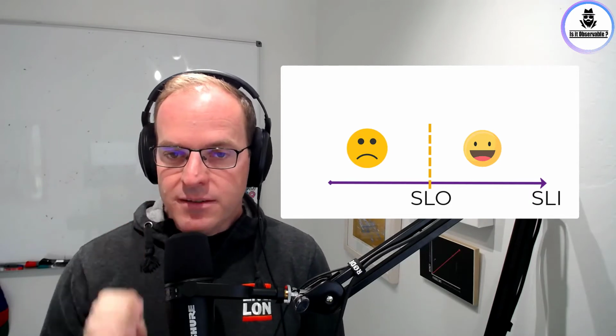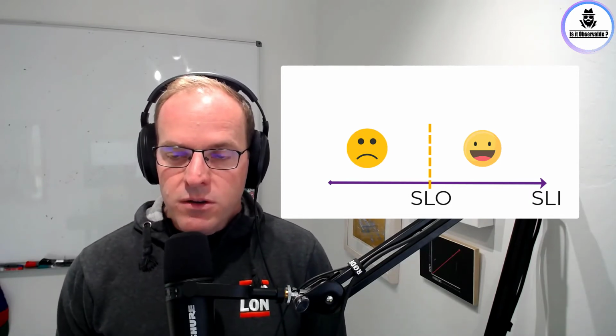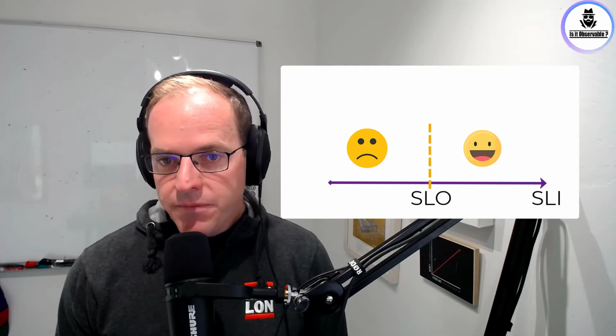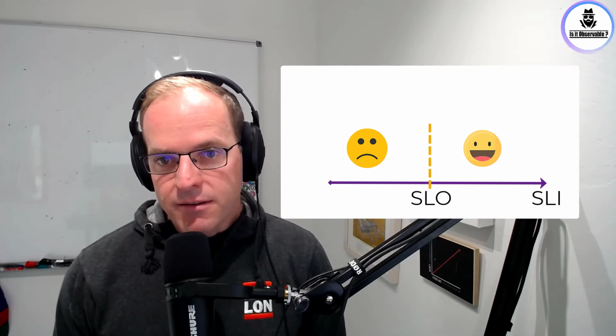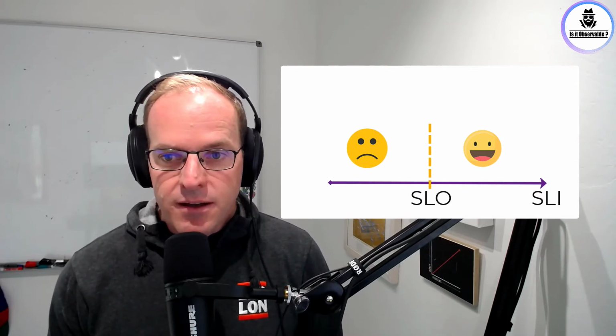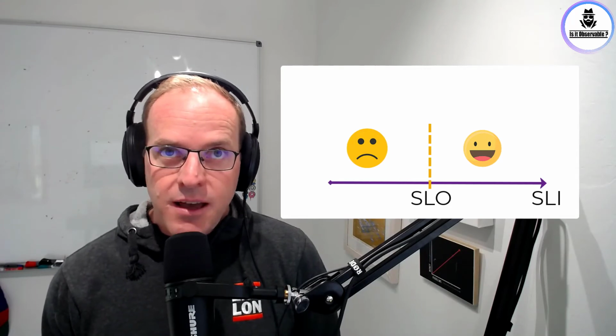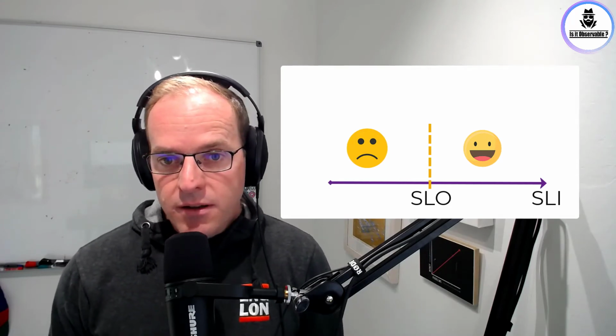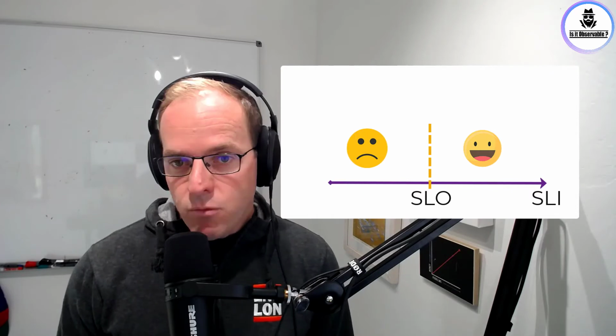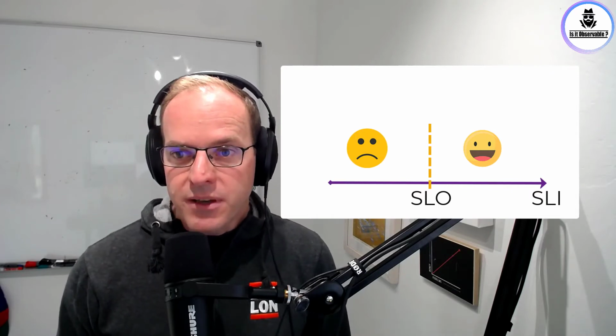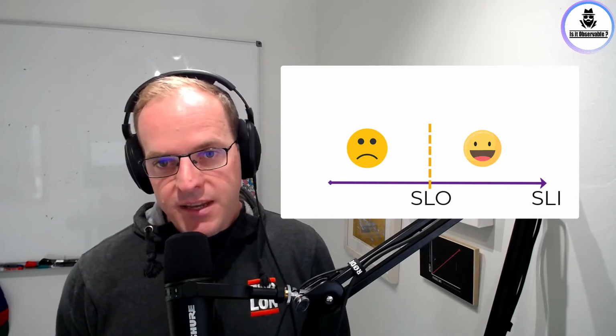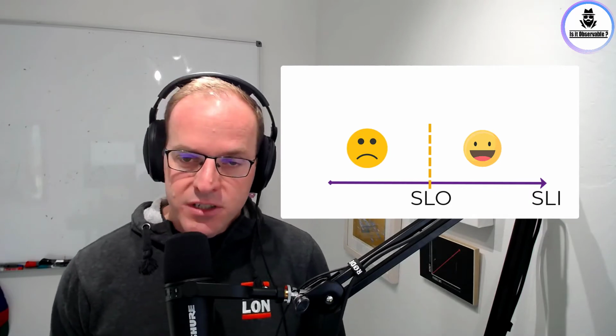Let's not go past this line. And what you do then is you just measure how many things were good and how many things were bad in terms of speed. And that's the highest level way of thinking about SLOs. What's going on under the covers is a little more complicated when it comes to taking distributions and measuring them over time and putting things in different buckets and things like that.